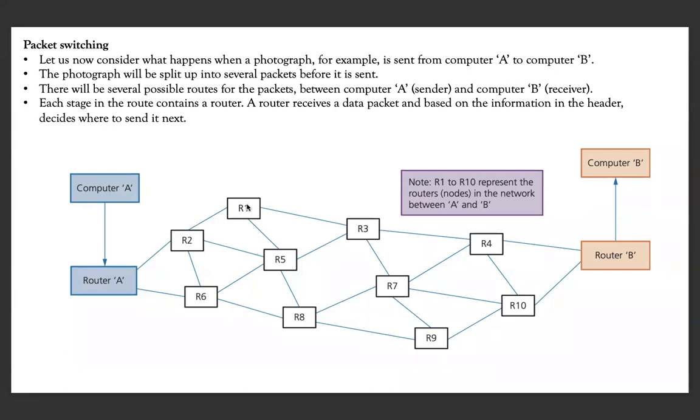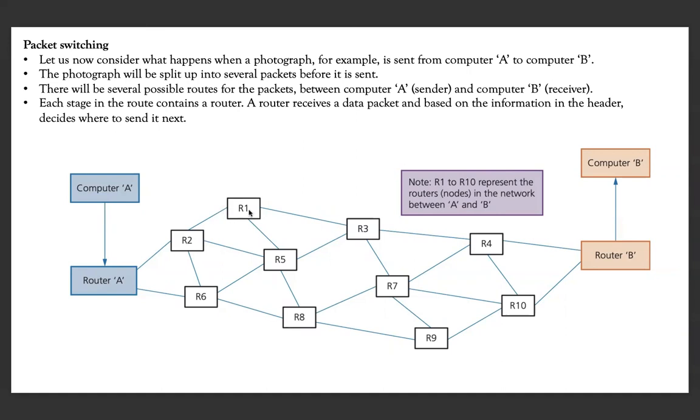It will see that, okay, router 1 is available, 5 is available, 6 is available, and they're all in the path of reaching my destination. So which one should I choose? Well, distance matters here. Whichever path is the shortest from this router to router B, this router might choose that path. And there are other factors as well.